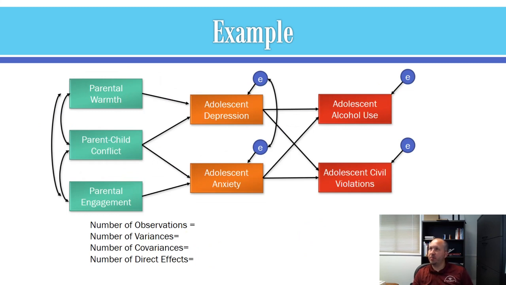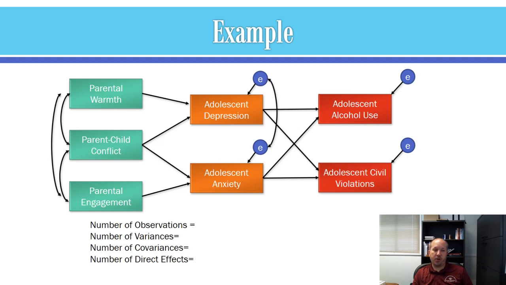Now in this next example, we are looking at parental warmth, parent-child conflict, and parental engagement, and how those 3 variables impact adolescent alcohol use and adolescent civil violations, and how adolescent depression and adolescent anxiety mediate those relationships. So the first thing we're going to do is, again, determine our total number of observations.